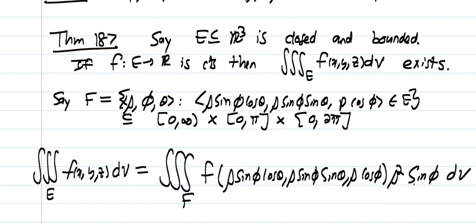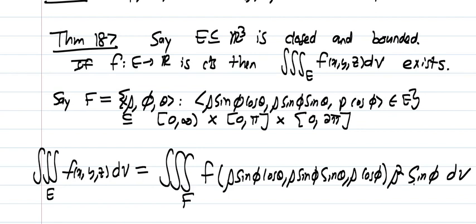And now say F is all the points rho, phi, theta such that x, y, z, or rho sine phi cos theta, rho sine phi sine theta, rho cos phi is an element of E. And that is a subset of where the rho value has got to be greater or equal to 0, the phi value has got to be between 0 and pi, and the theta value is between 0 and 2 pi.